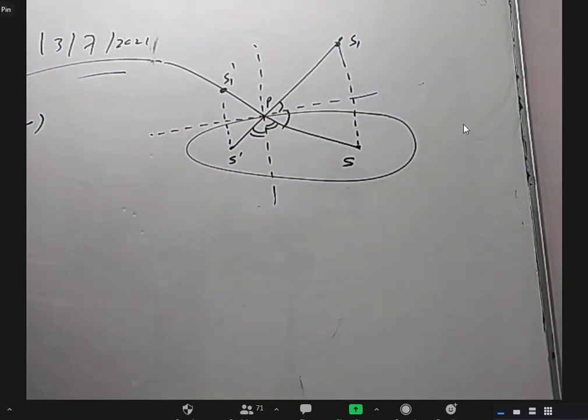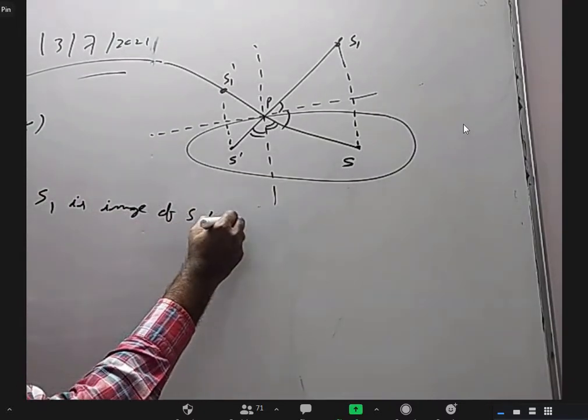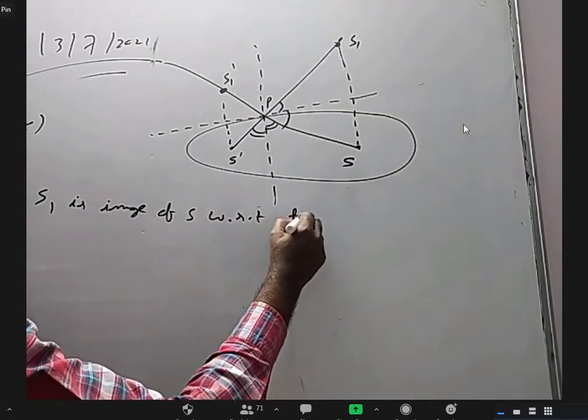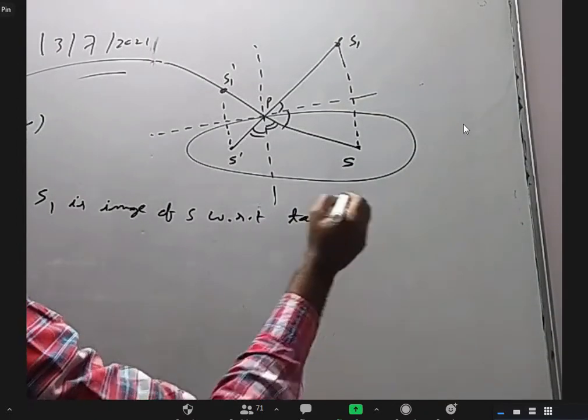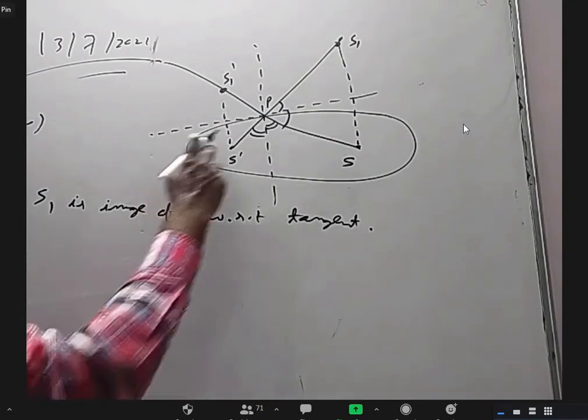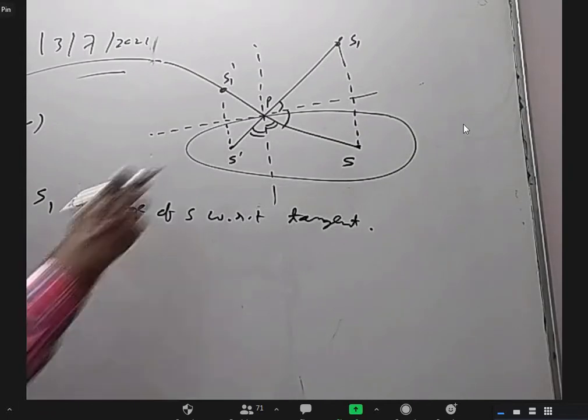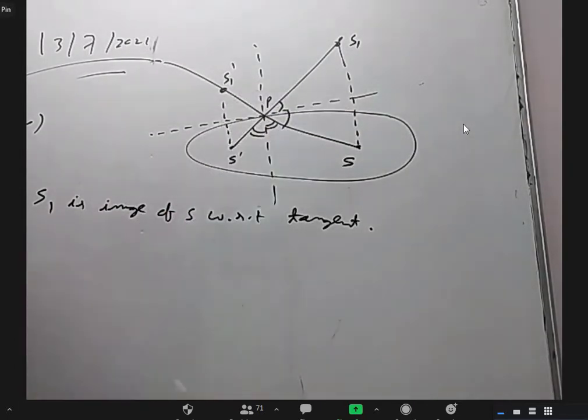S1 is the image of S with respect to the tangent. But I can also find it with respect to the normal; then also it should lie. But that will lie on this now. Let us subtract. Okay, fine.